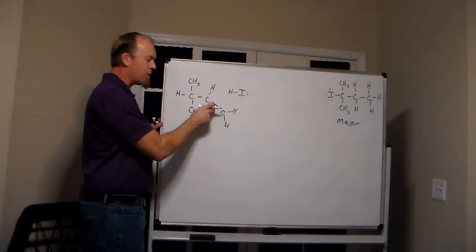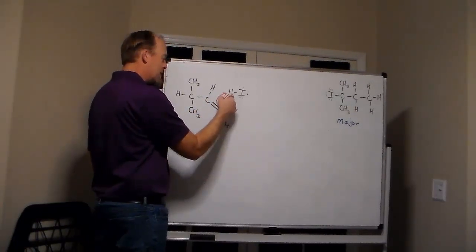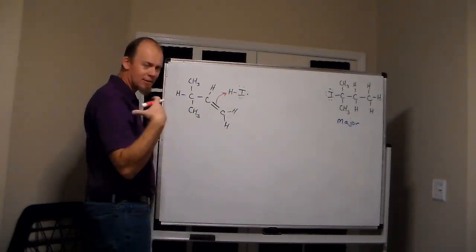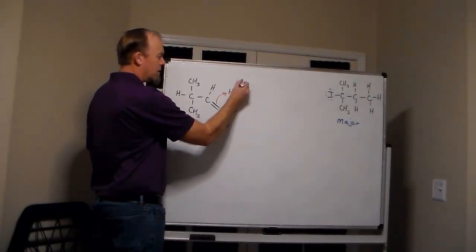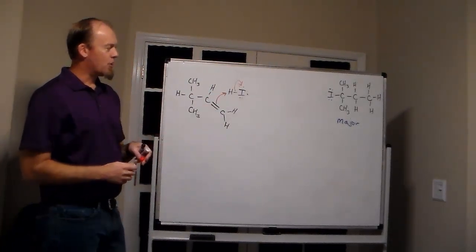So in this case, I've got my double bond, I've got my HI. We know the electron-rich double bond attacks the electron-poor hydrogen. It's electron-poor because iodine's taking its electrons. So double bond takes the hydrogen, and those electrons go to iodine.